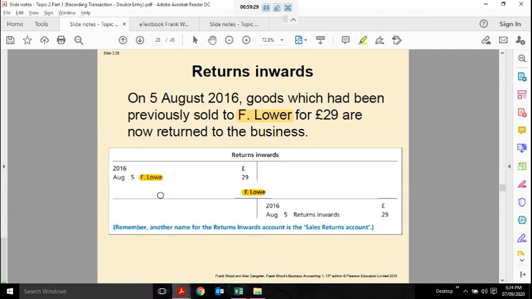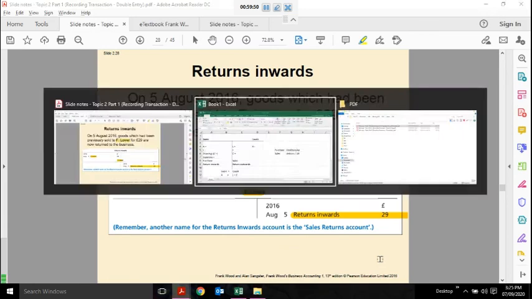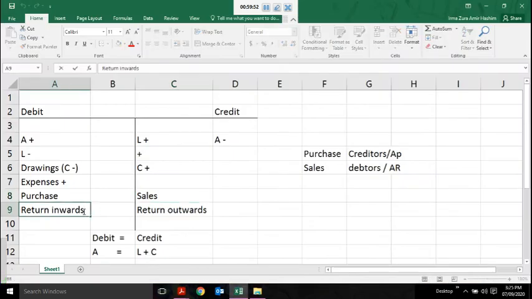Who is the person returning goods to you? You write down the name and you open the account. Maybe before this you had a transaction with him. Here the item name that you should write is return inwards. Another name you can use for return inwards is sales returns. Sales returns is another account name for this.